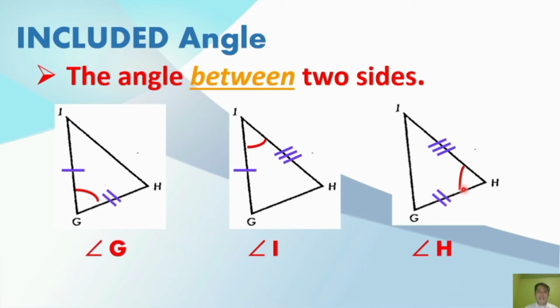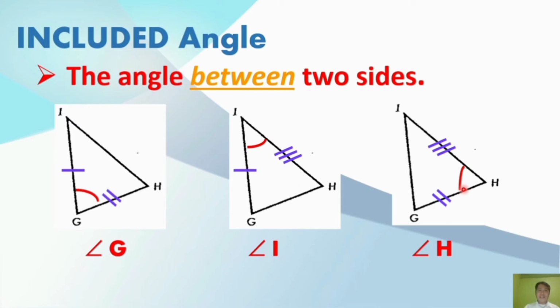Again, when we say included angle, it is an angle in between two sides or an angle between two marked sides. Ito po yung angle na nasa pagitan ng dalawang sides na may tick marks or ng dalawang sides na tinutukoy natin.